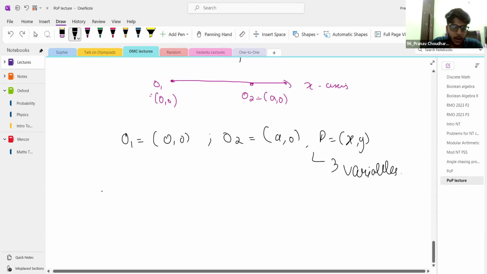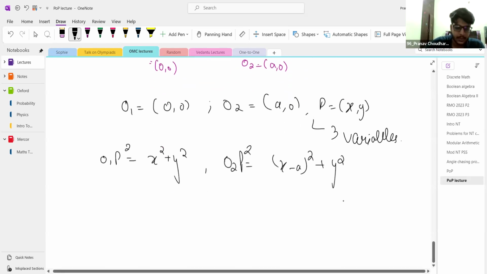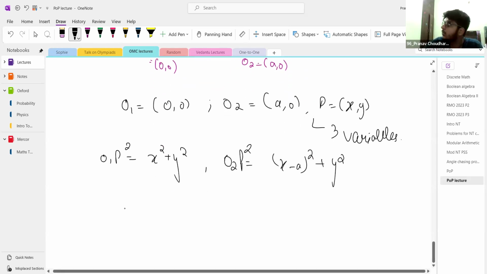Okay, so now O1P square will just be x square plus y square, and O2P square will be just (x minus a) square plus y square. So I have x square plus y square minus r1 square equals (x minus a) square plus y square minus r2 square.